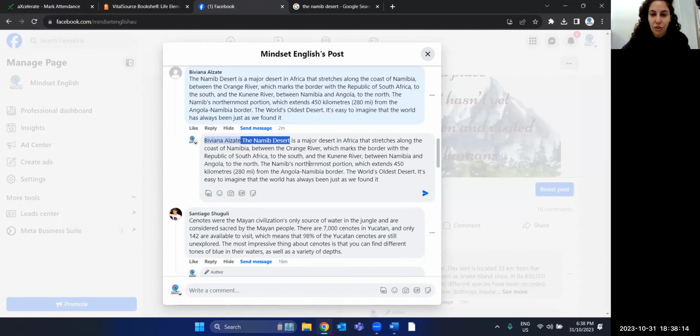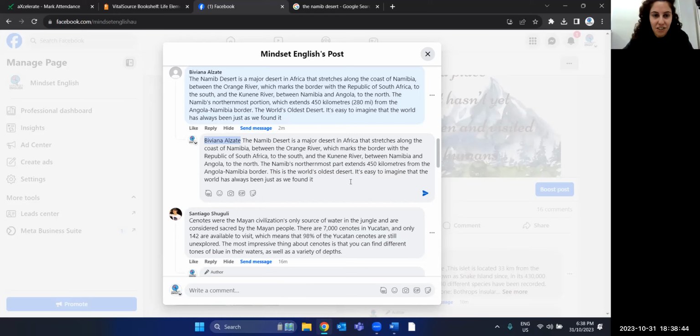The Namib's northmost part extends 450 kilometers. I'll take off the miles because we're writing in Australian English, from the border. The world's oldest, wow, this is the world's oldest desert.